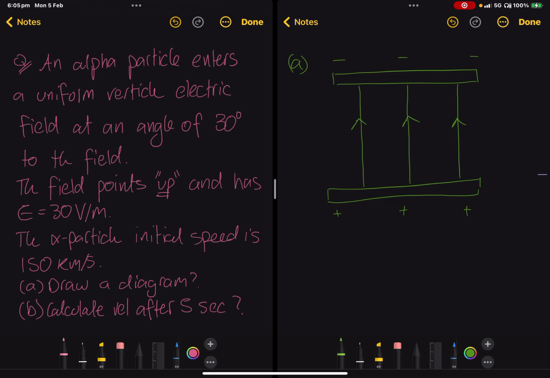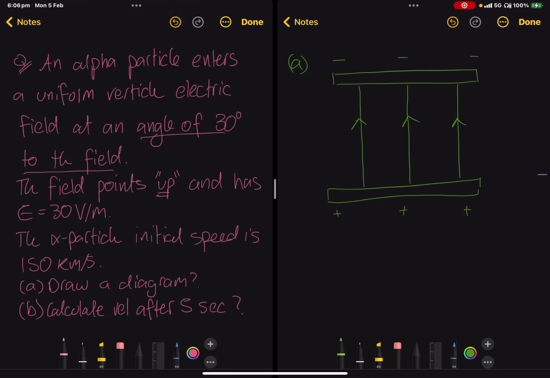Now, a particle enters this field at an angle of 30 degrees to the field. This angle of 30 degrees to the field warrants an assumption. You could assume that it enters 30 degrees down. You could assume it enters 30 degrees up. We're going to assume it's 30 degrees up. That is the more likely meaning of this particular wording.